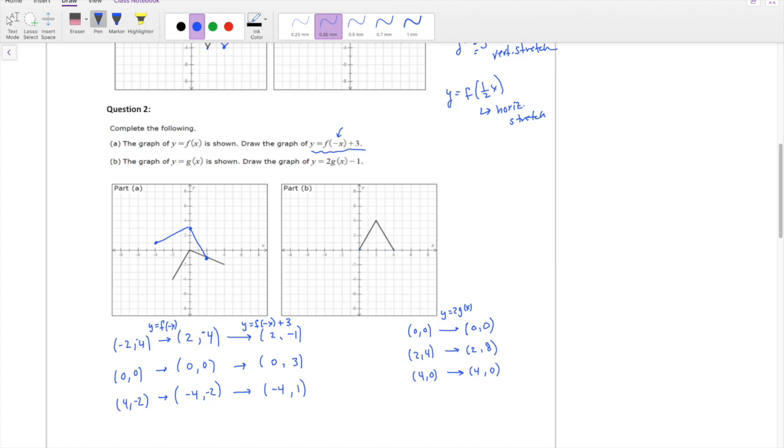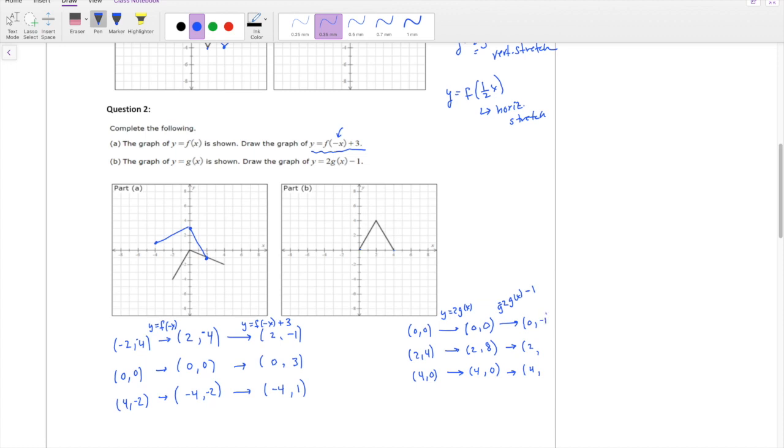Then that -1 is going to shift it down 1 unit. So now we're going to take 2g of x and shift it down 1 unit. So that's, again, going to happen to the output. So my x coordinates stay the same, and I'm going to subtract 1 from my y's.